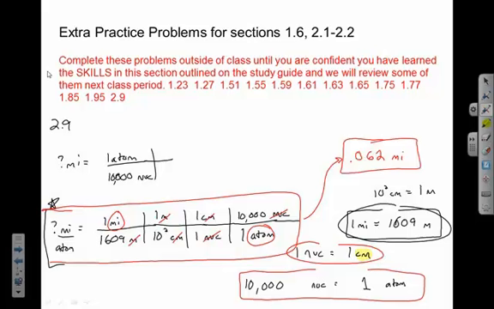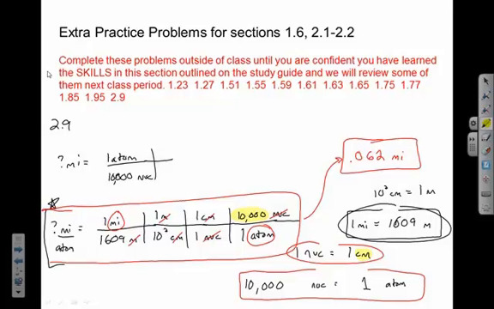In terms of sig figs, the question is poorly written because they're giving us information that is not clear how many sig figs are associated with it. If you just say 10,000, that's not a good way of communicating sig figs. It's not certain if you say 10,000 whether that's one sig fig or whether it's more than one sig fig.